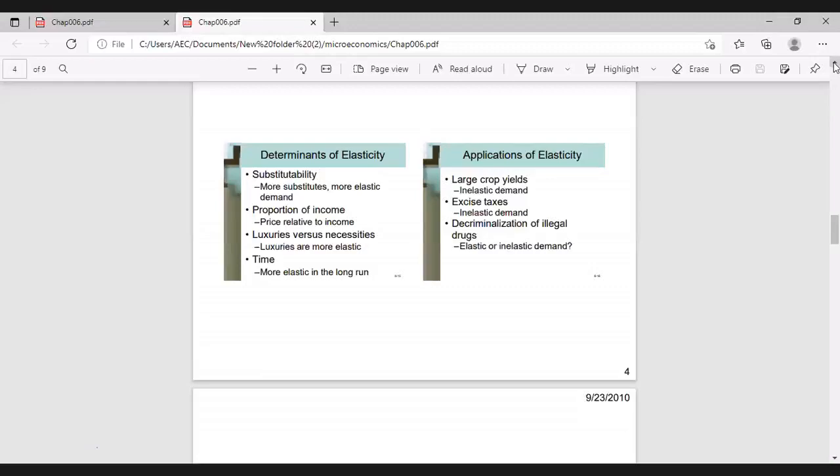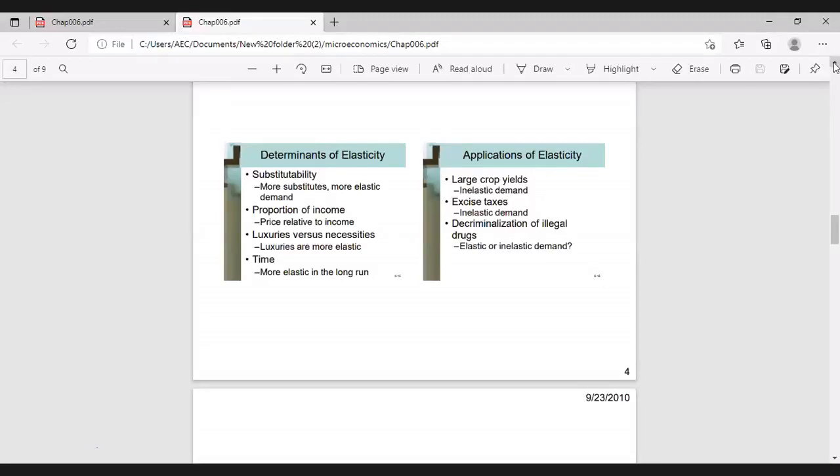So they will choose the product that has inelastic demand. If it is inelastic demand, we earlier studied the total revenue test.